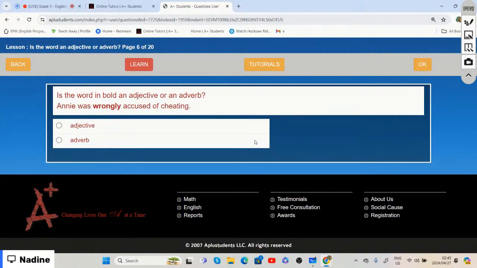Annie was wrongly accused of cheating. Is this an adjective or an adverb? Wrongly. So Annie was wrongly accused.